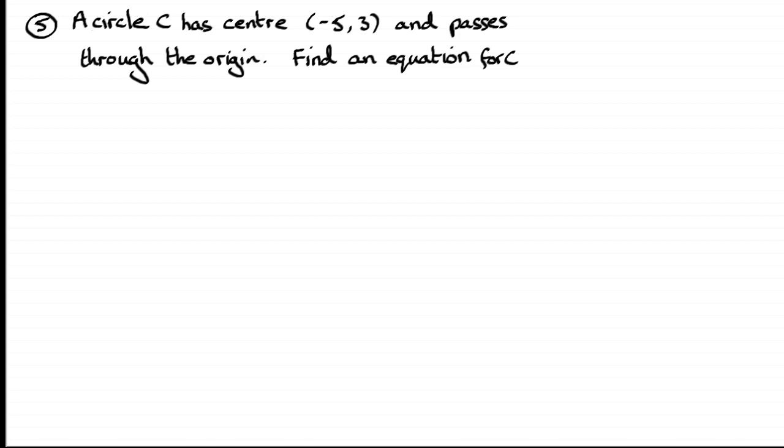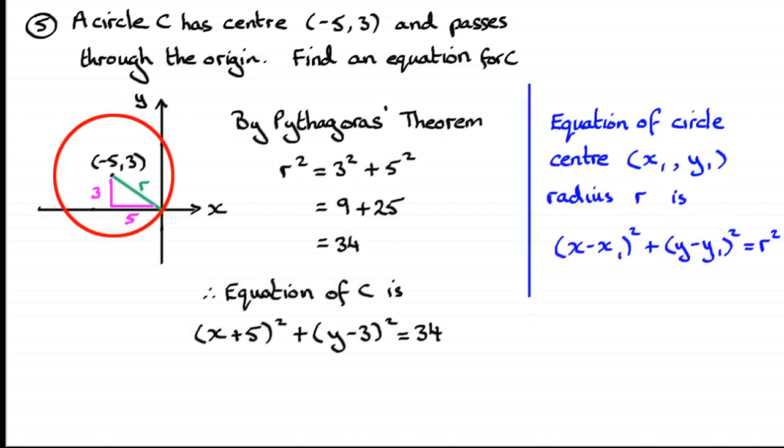Okay, there are some answers out there, and the answer is (x + 5)² + (y − 3)² equals, wait for it, equals 34. So let's just run through this and you can see how to do it.